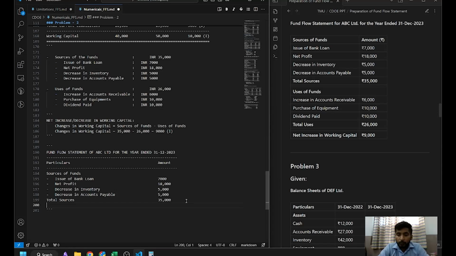Then next up is the uses of funds. Increase in accounts receivable, then purchase of equipment, then the dividend paid, marking the total uses.